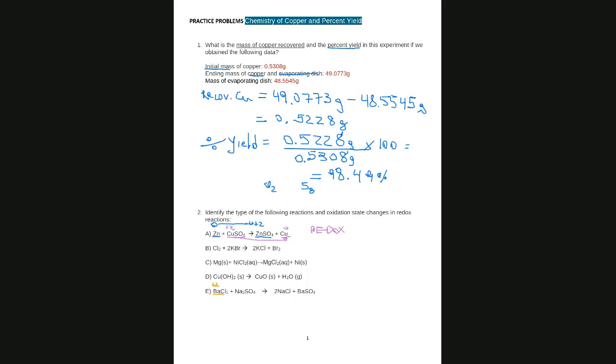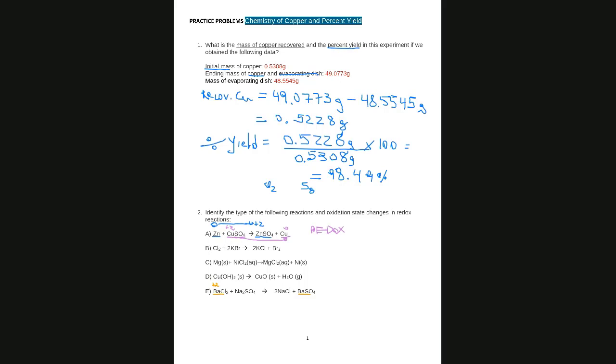Let's look at the barium on the product side. What is the oxidation state of barium when it's combined in barium sulfate? What is the oxidation state? Douglas says 0.